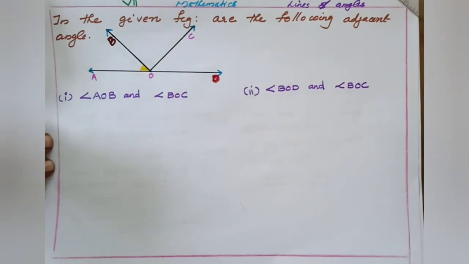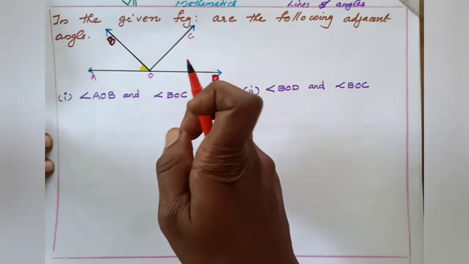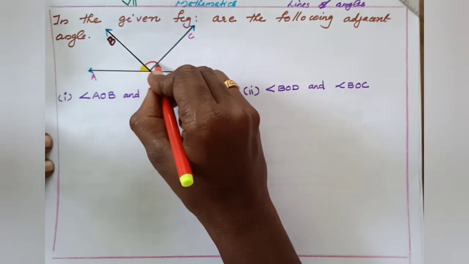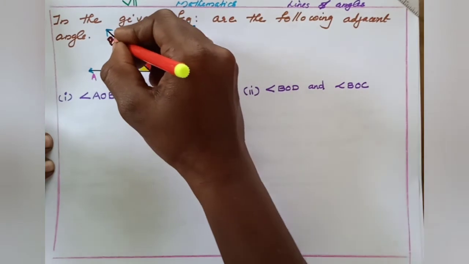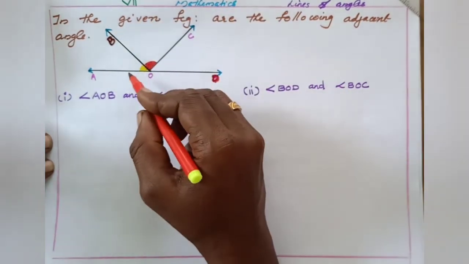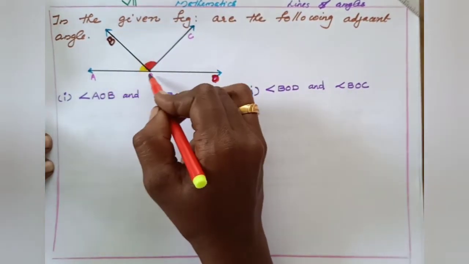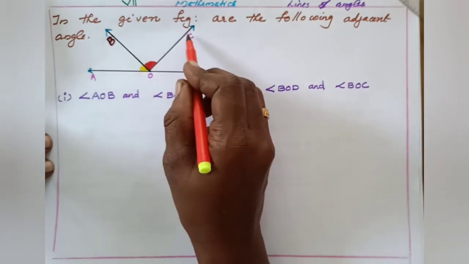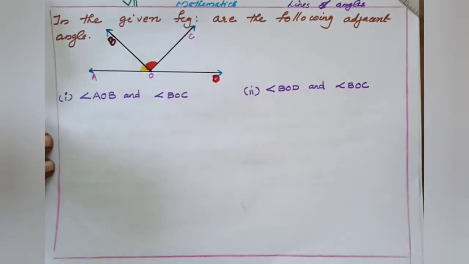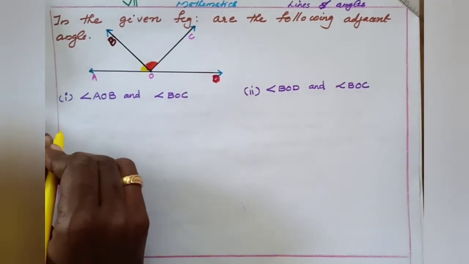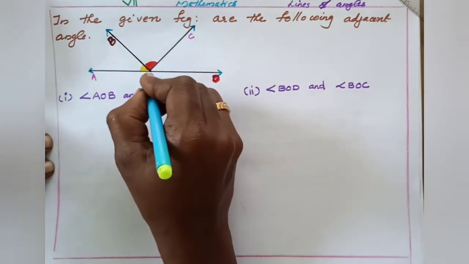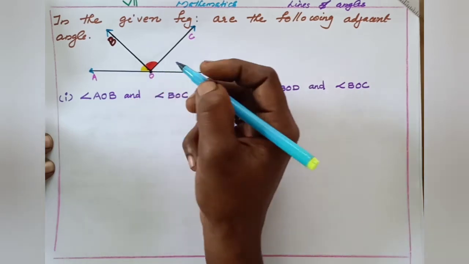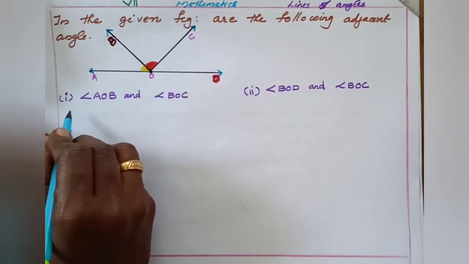Okay, then angle BOC is this angle, angle BOC. So comparing these two angles, AOB and BOC, are they adjacent or not? Check the three conditions. They have a common vertex.